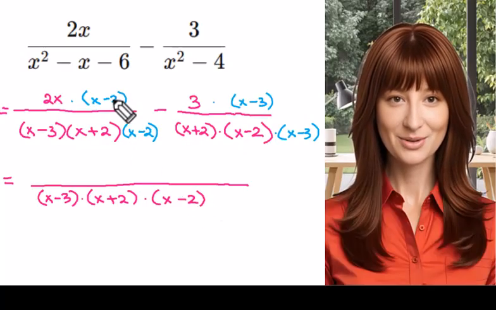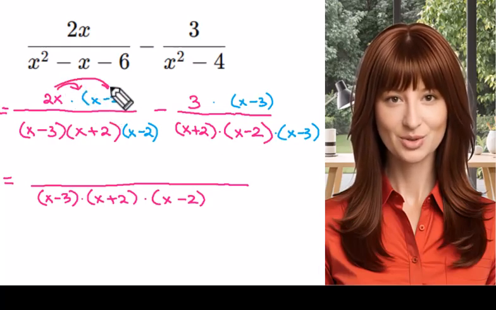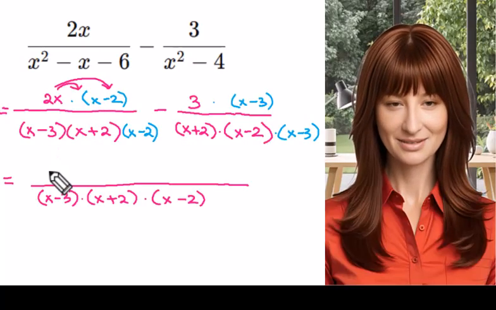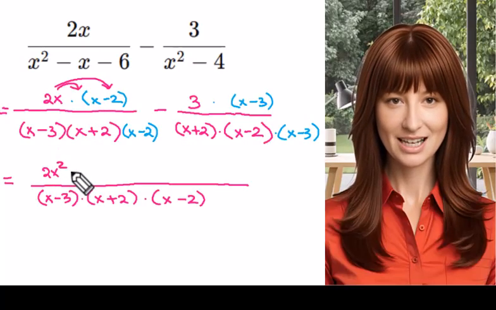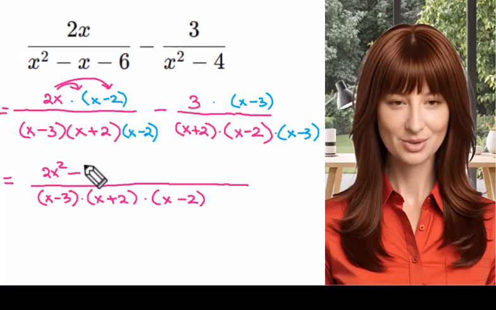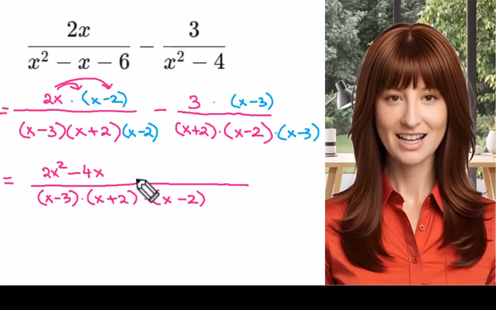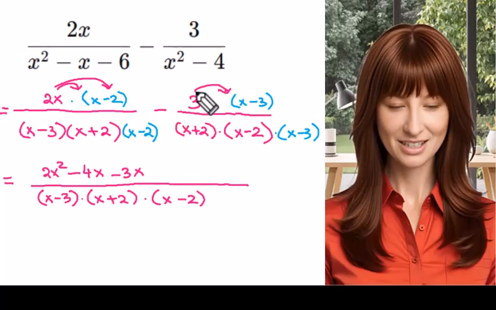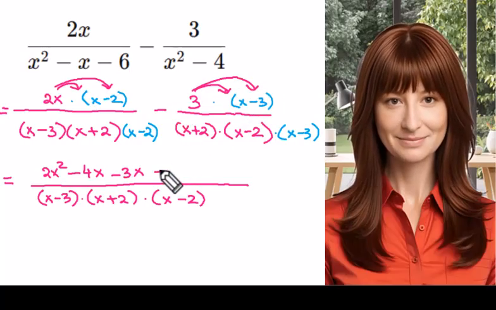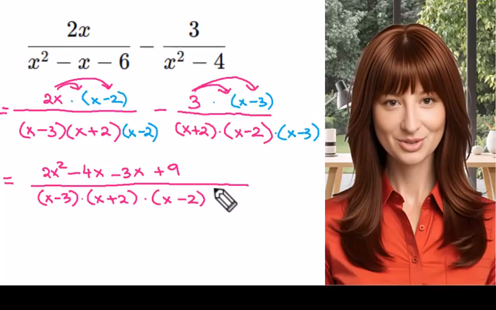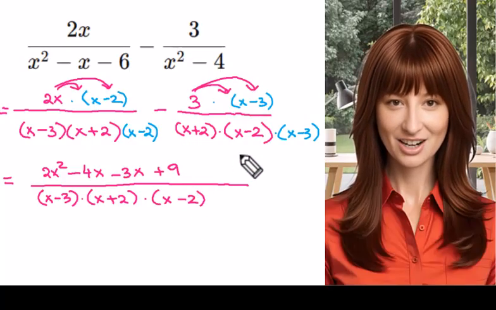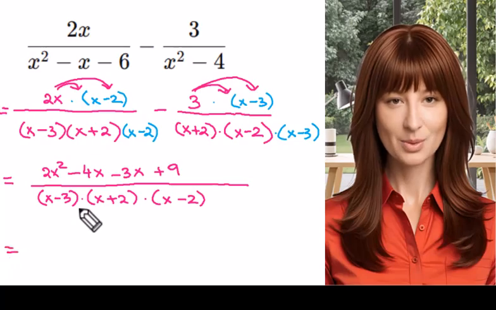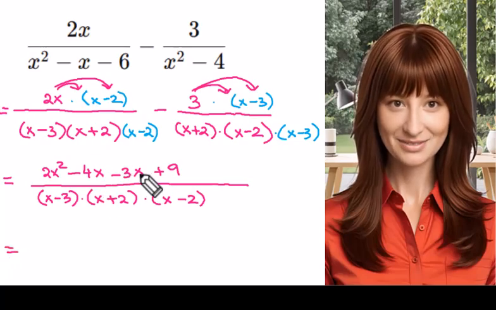And for the numerators, we are going to apply the distributive property. We're going to multiply 2x with x, so that gives us 2x squared. And then 2x times negative 2 is negative 4x. And then we're going to distribute this negative 3. So we have negative 3x. Negative times negative gives us a positive 9. And then all we have to do now is to combine the like terms, which are negative 4x and negative 3x.